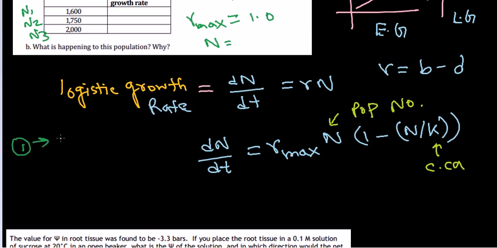The value of R max is 1, multiplied by capital K, in this case the carrying capacity, 1500, and there is a 1 minus the value for capital N here, the population number, which is 1600, divided by 1500, because that's the carrying capacity. Remember, 1500. So you put the values there like that, and then we get the answer.